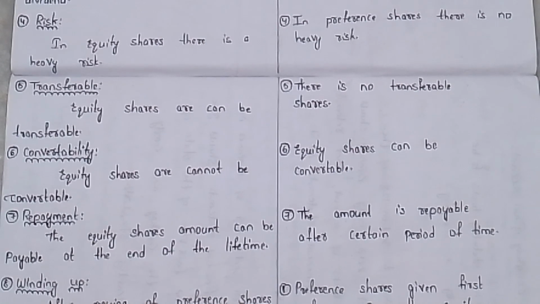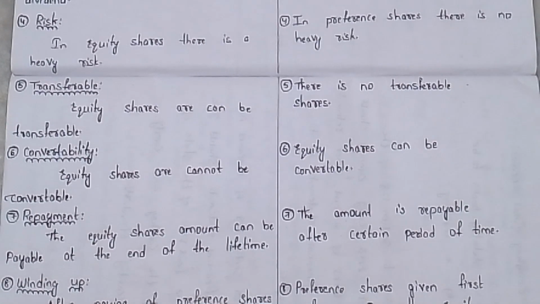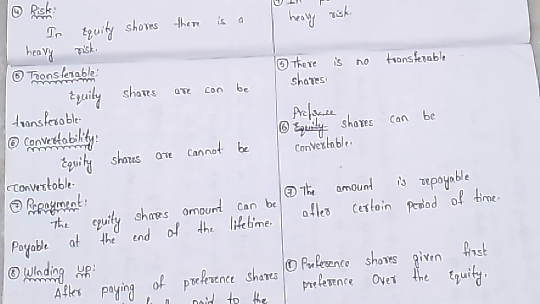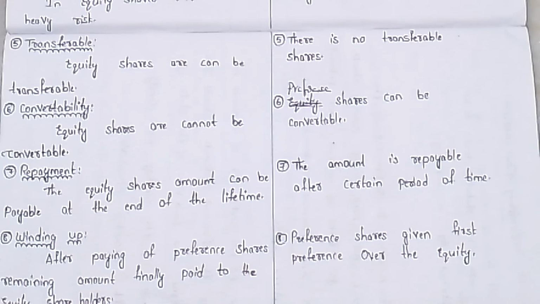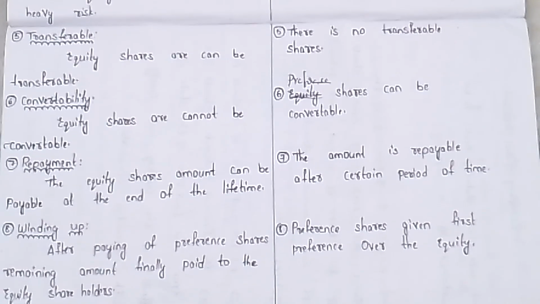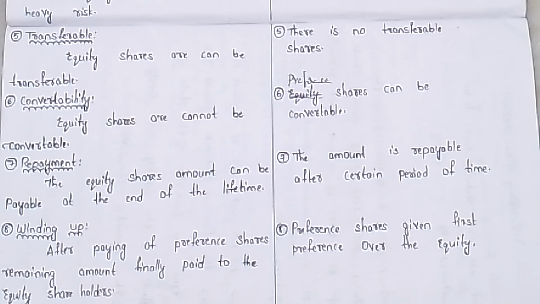Next, winding up. After paying the preference shares, the remaining amount is finally paid to the equity shareholders. When the company is winding up, when the company is terminated, first of all pay all the liabilities and preference shares, then only pay the equity shareholders.